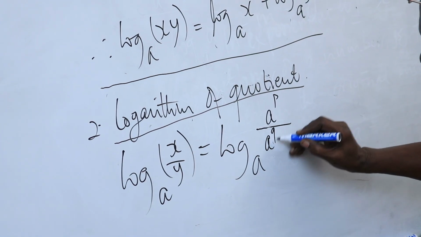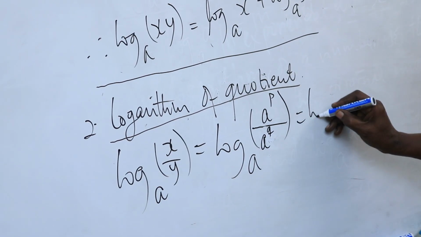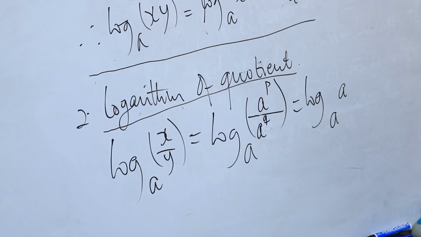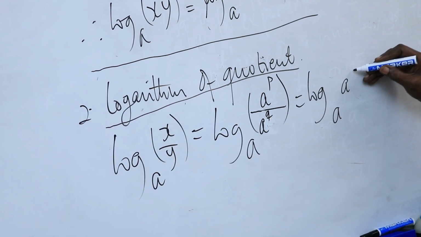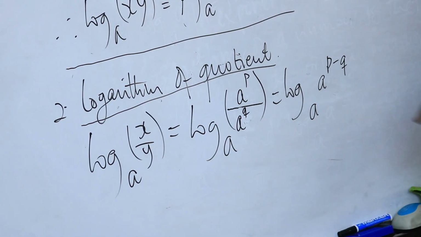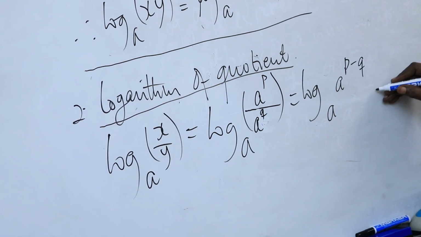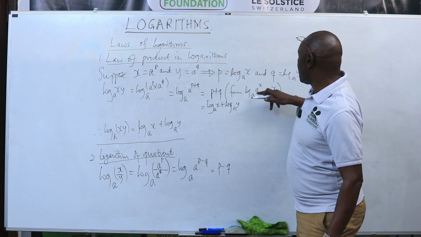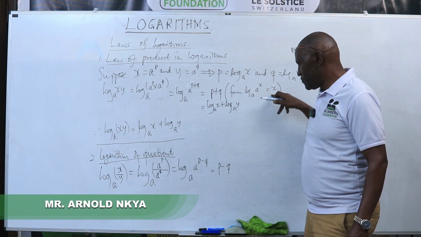which is the same as log a of a^p divided by a^q, which is the same as a^(p minus q). This is again true from the laws of exponents. Therefore, this is the same as p minus q. From this law here, log a x is equal to p.